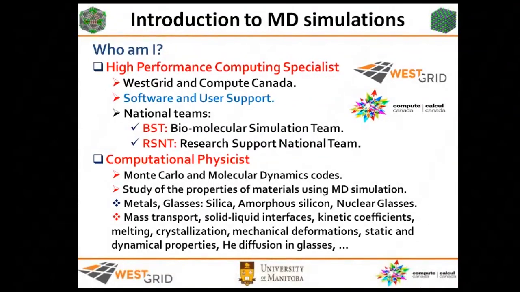I studied different materials using MD simulation, like metals and glasses, mostly glasses. I studied silica, amorphous silicon, and nuclear glasses used to confine nuclear waste. I was interested in many properties like mass transport, solid liquid interfaces, mechanical deformation, and so on.